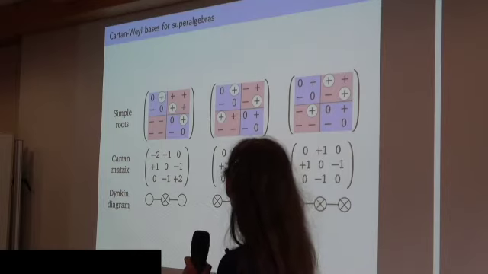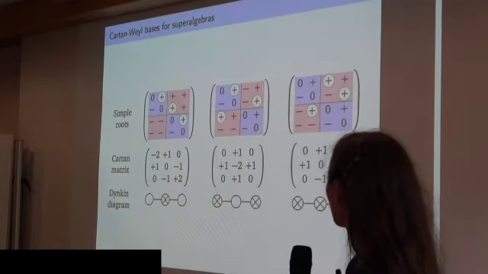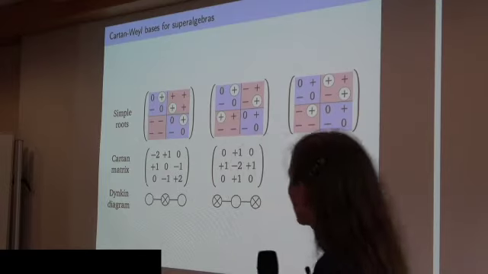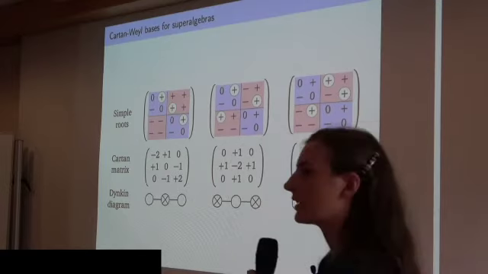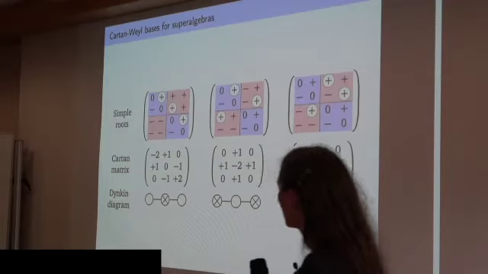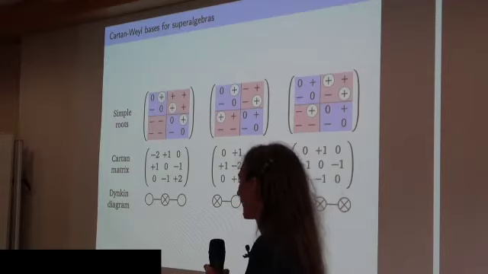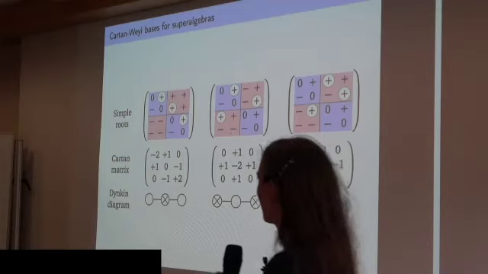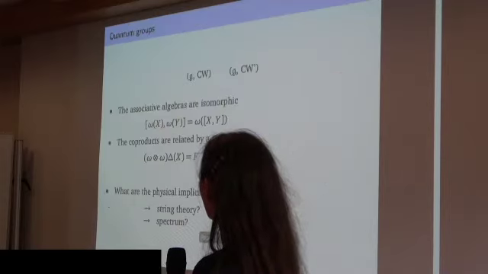This one has all three fermionic simple roots, and this one has two fermionic simple roots and one bosonic simple root. So we have these different Dynkin diagrams, and we would like to understand how they affect the quantum deformation, so the quantum group that you construct.